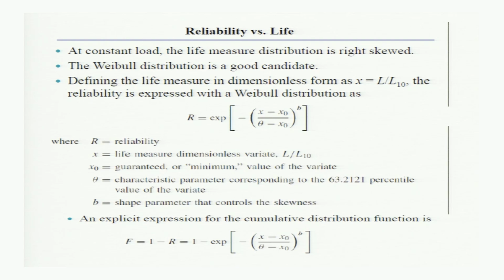Now, in the previous slides, we studied the force versus life relationship, and for that case the reliability is 90%, that means the rated reliability. Now, if we want to select a bearing for a reliability other than 90%, then that will become the desired reliability RD.